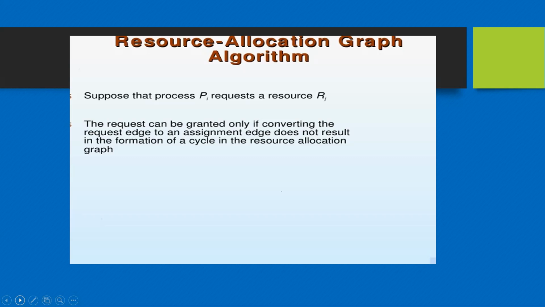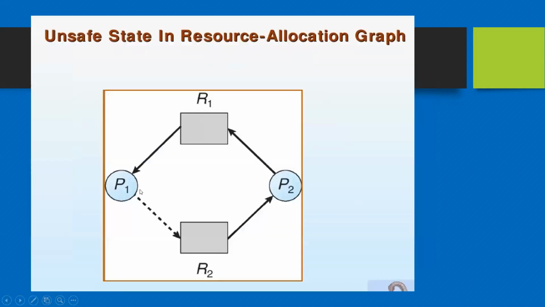If we look into the diagram, this dotted edge from P1 to R2, this type of claim, this type of request will not be granted, as it can lead to the formation of a cycle which will lead to deadlock. Deadlock is not a desirable thing.